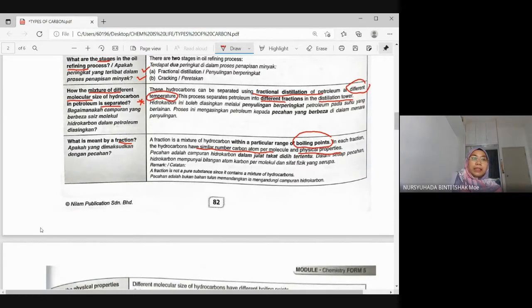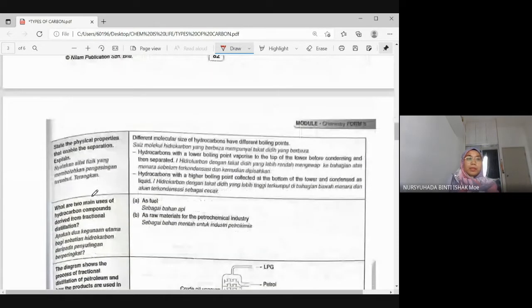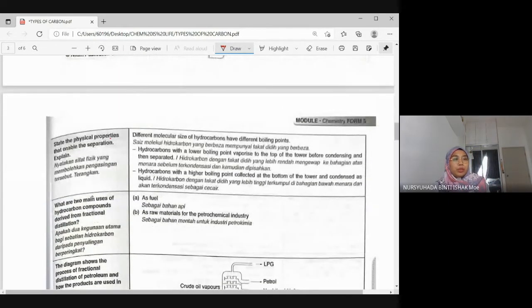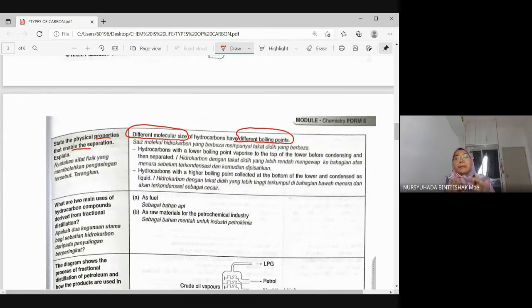Okay, macam mana kita nak pisahkan? Alright, physical properties dulu. Physical properties enable the separation. Okay, pertama different molecular size. Tengok kat sini keyword dia different molecular size have different boiling point. Okay, tadi kita dah tahu untuk separate the petroleum based on temperature, based on different boiling point.